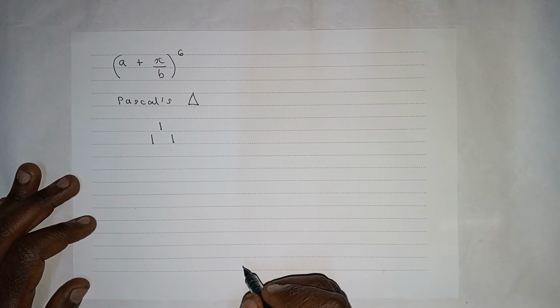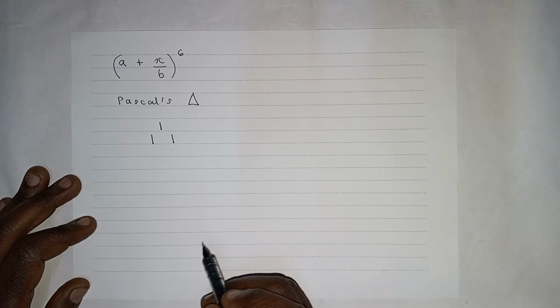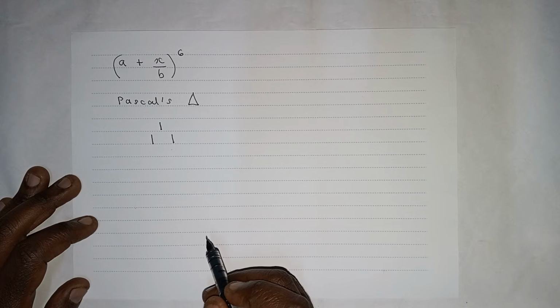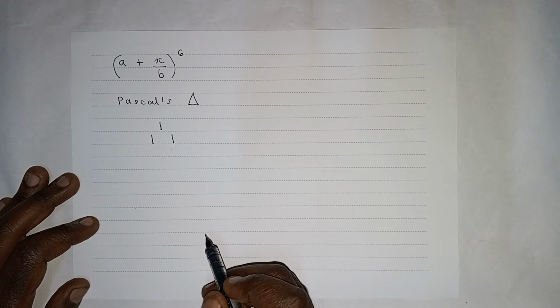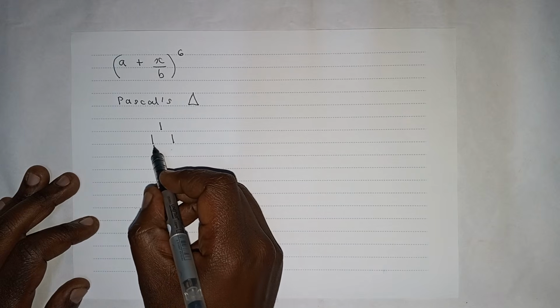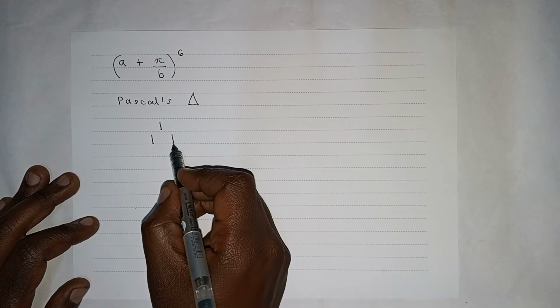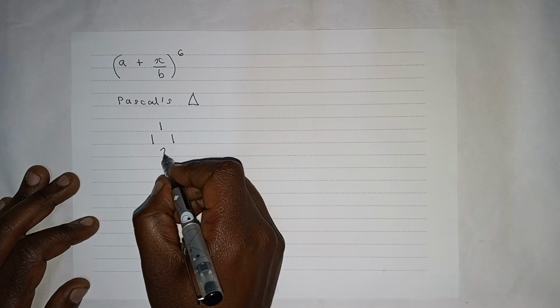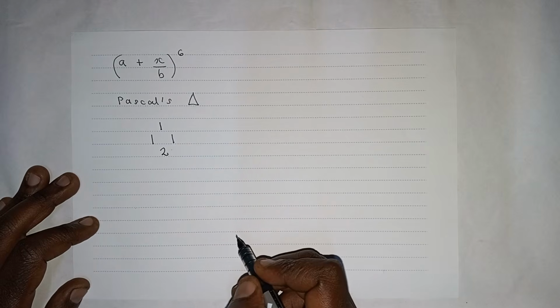Notice also that in the construction of Pascal's triangle, each interior number is the sum of the two numbers directly above it from the previous row, which means that we'll add this one and this one to get this interior number, which will give us 2.